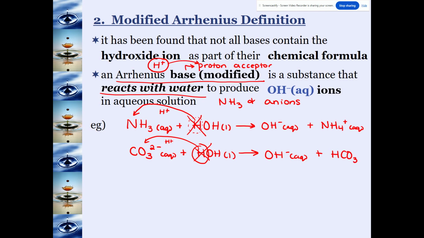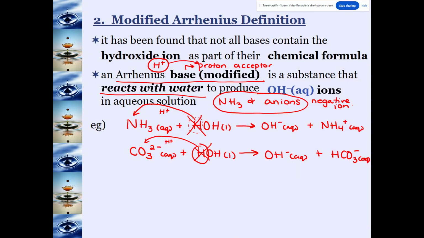Now the charge, like I said, whenever it gains a hydrogen, a 1+ comes with it. So the 1+ is going to balance with one of the negatives, because there's 2 negatives there, to leave us with a -1 charge. So every hydrogen you get brings the charge up. Think of it along a number line, brings it up by 1. So a modified Arrhenius base is identified as either ammonia or anions. Anions, remember, again, meaning any negative ion.